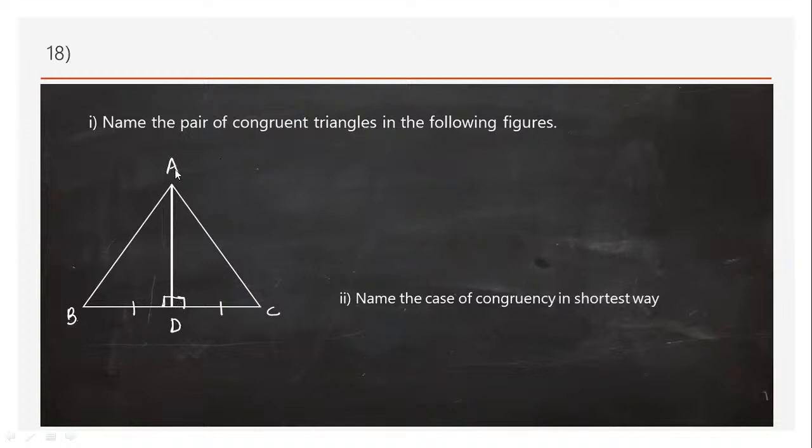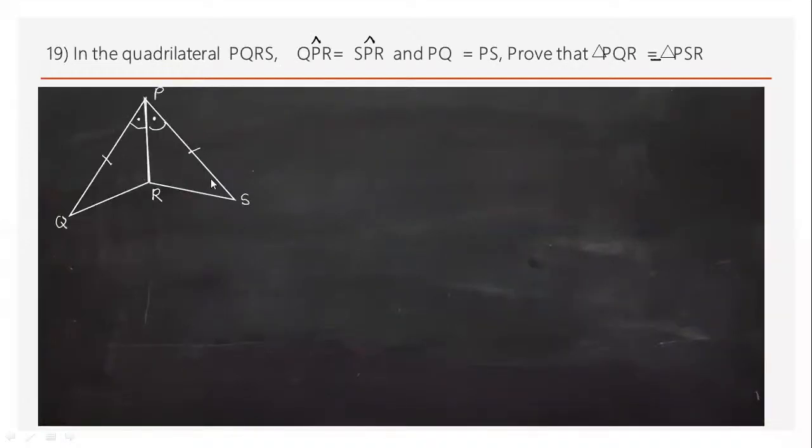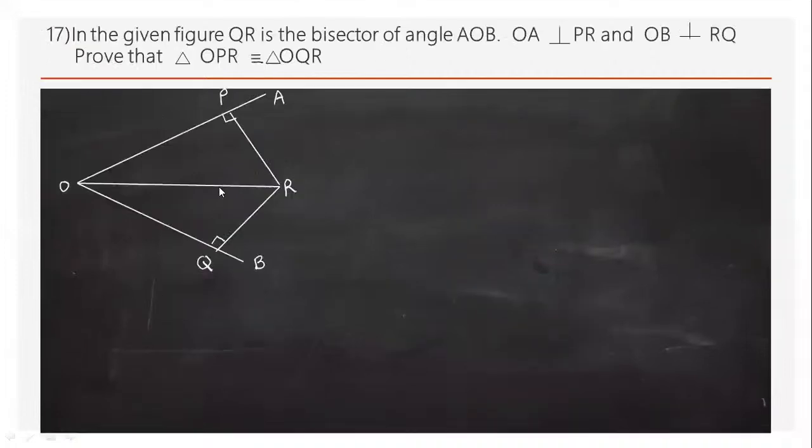Next question, I will read the question again. Earlier, I skipped this 17th one. In the given figure, QR is the bisector of angle AOB.